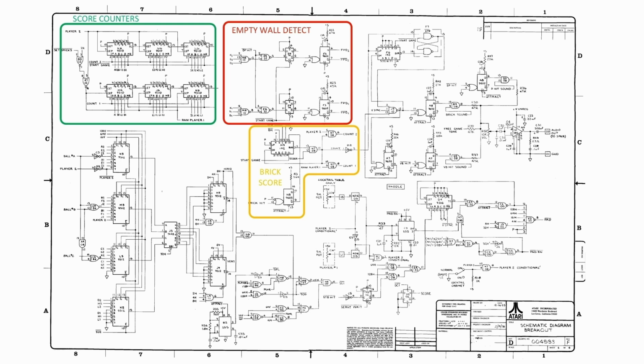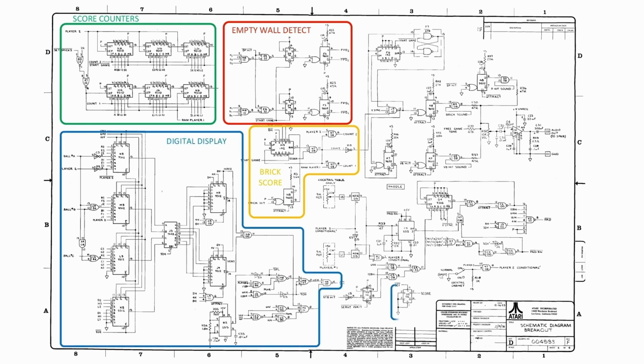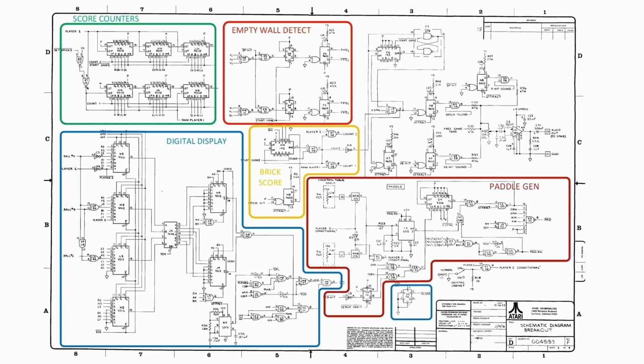So this circuitry detects when the first wall is done and puts up a second wall. We've got the actual digital display for both the scores and the ball counters. And then we've got that paddle logic we talked about. And then finally up here, some sound logic and amplifier.